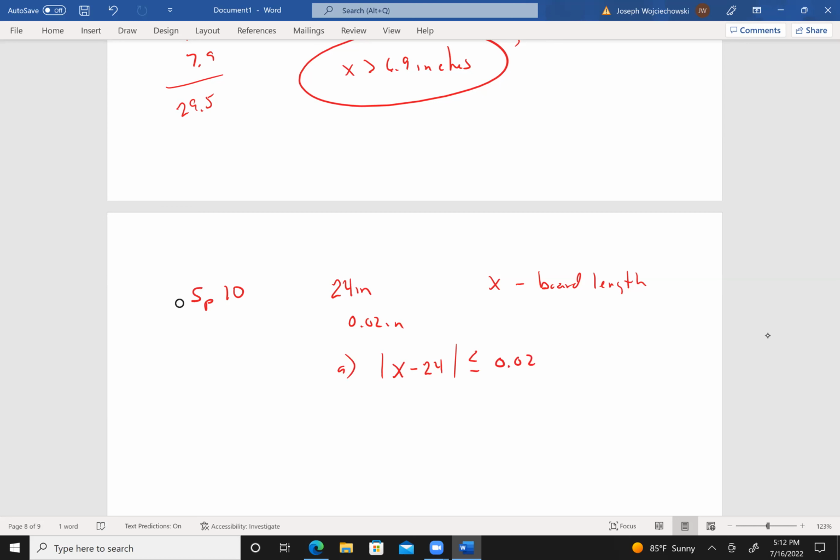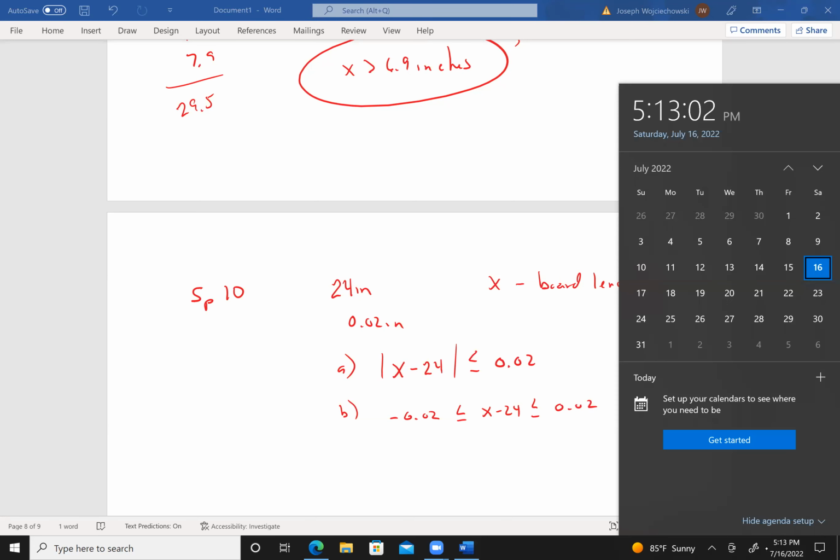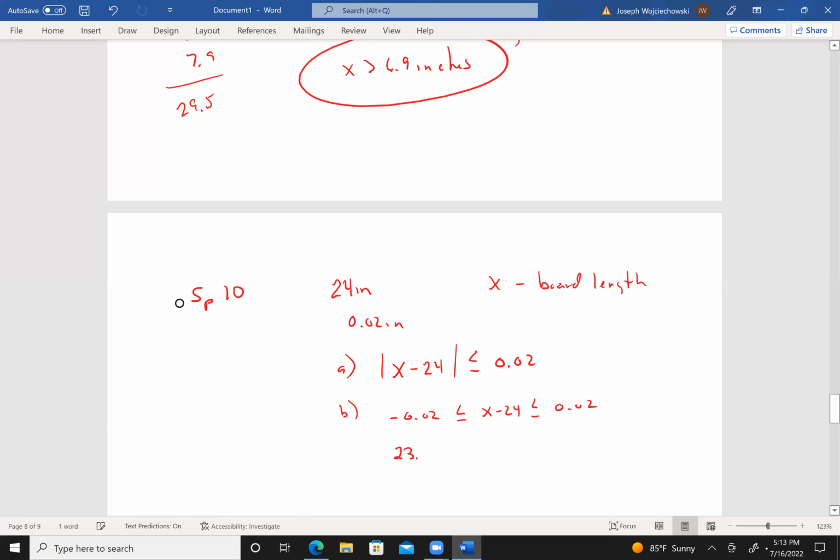And then we solve it. So for B, we have negative 0.02 less than or equal to x minus 24, less than or equal to 0.02. Add 24 to both sides, and this becomes 23.98. This becomes x, and this becomes 24.02.